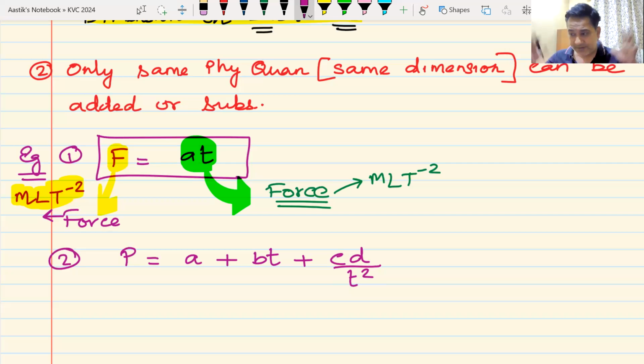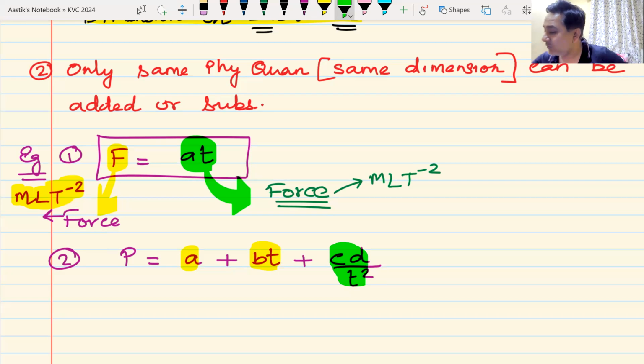Now again, I have an equation. On the right hand side, you can see three different terms. Do you see three different terms? Yes or no? The first one is yellow.